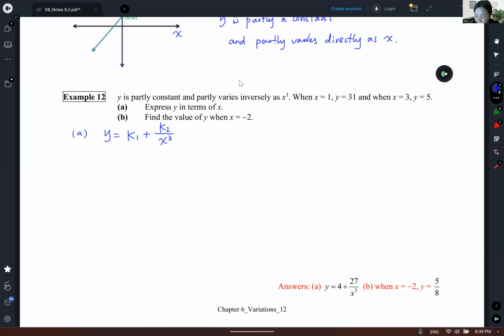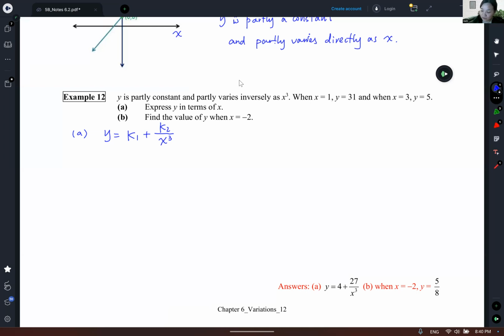Okay. And then, of course, you're going to find K1 and K2, and it's going to be simultaneous equations. The way I handle it, I just want to train you to be systematic and to reduce careless mistakes. One thing I require in all your homework, if you're ever going to do homework, is that you line up all your equations.